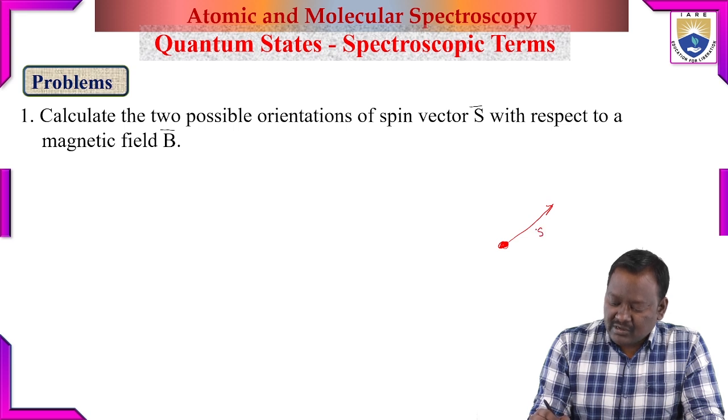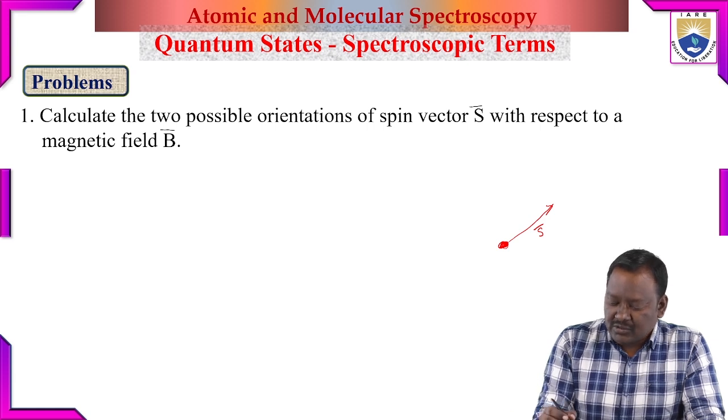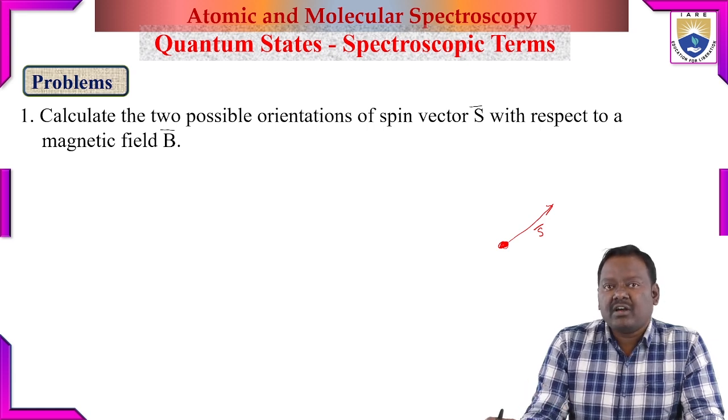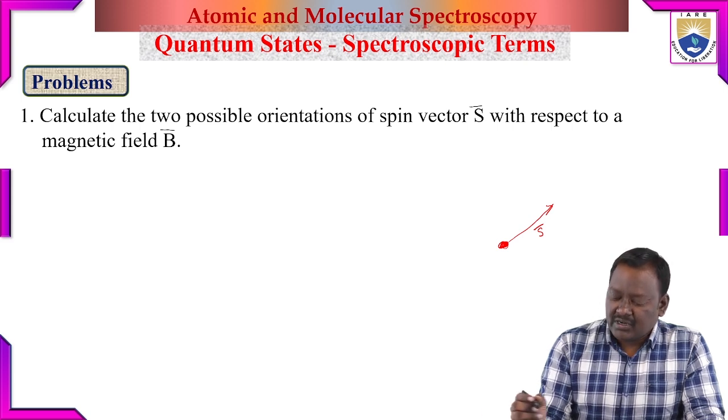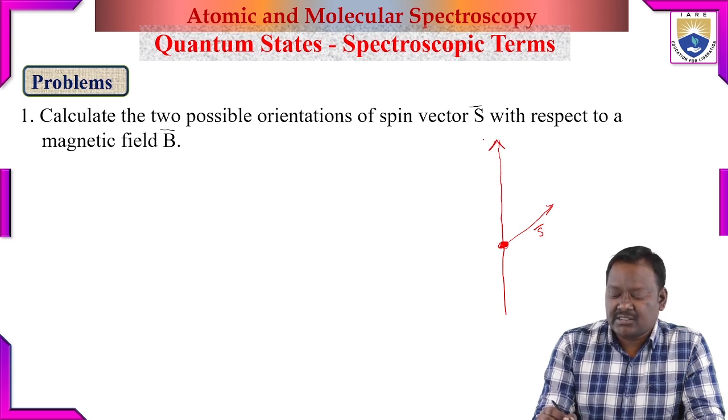Let the electron be present in the magnetic field B bar, with the direction of the magnetic field along the Z axis.